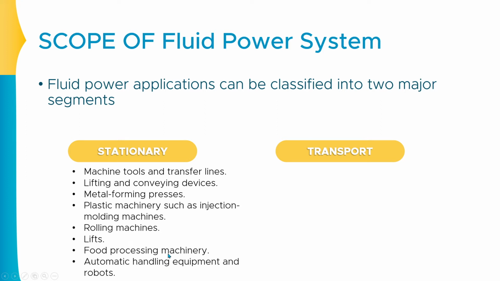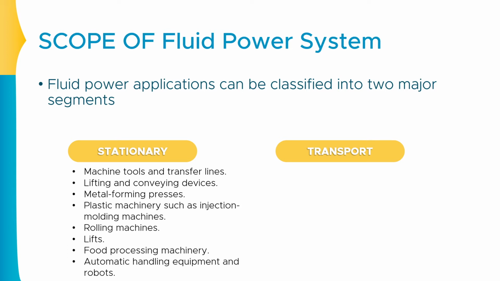All these fall under the stationary category. Basically, a stationary system remains fixed at a specific position, and a normal characteristic of this type of system is that the valves are mainly solenoid operated.